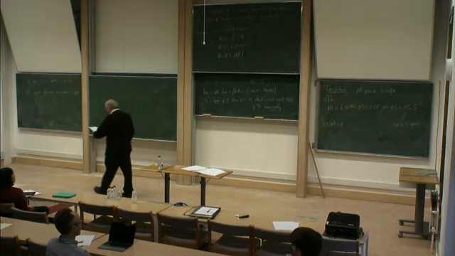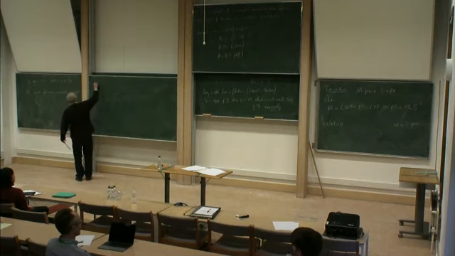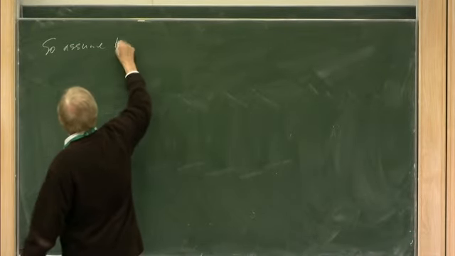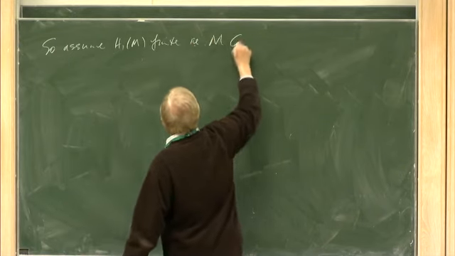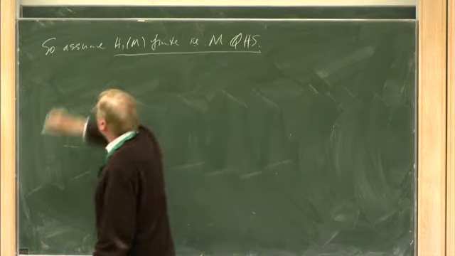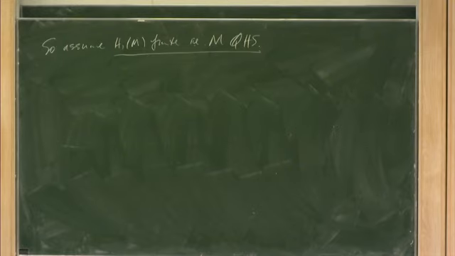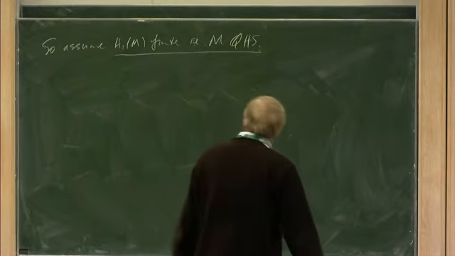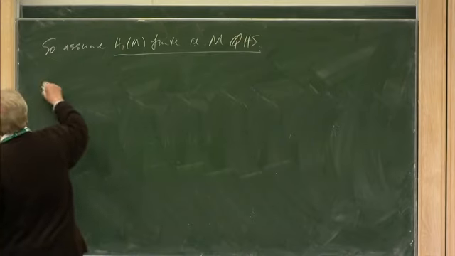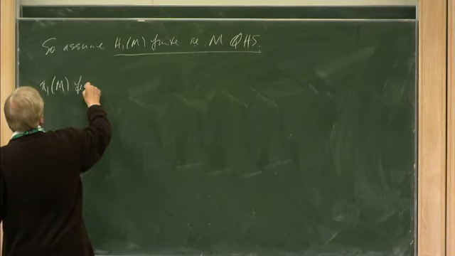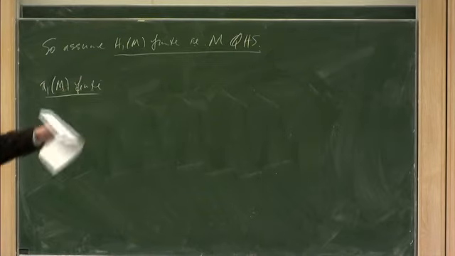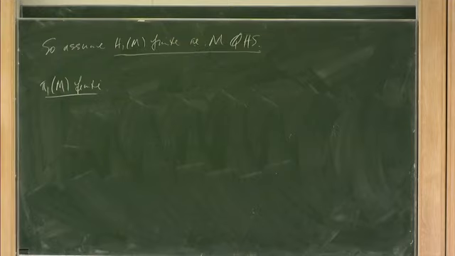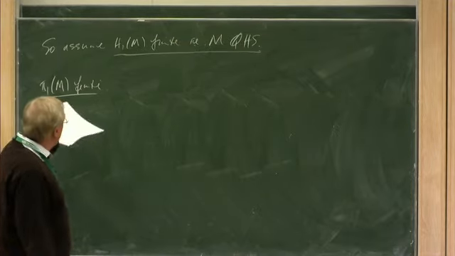Okay, so like I said, the interesting case, so assume H1 of M is finite, i.e. M is a rational homology sphere. And again, remember, M is a prime manifold. There are two basic cases, pi1 of M finite and pi1 of M infinite. So let's just look at the case when pi1 of M is finite. Remember, a left orderable group is torsion free, and the trivial group is not left orderable.